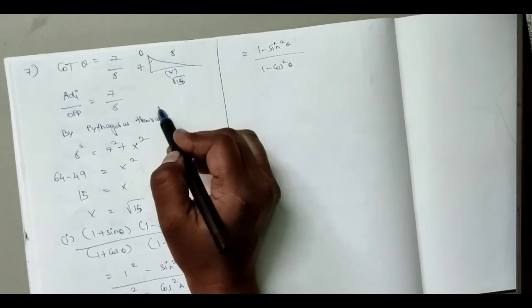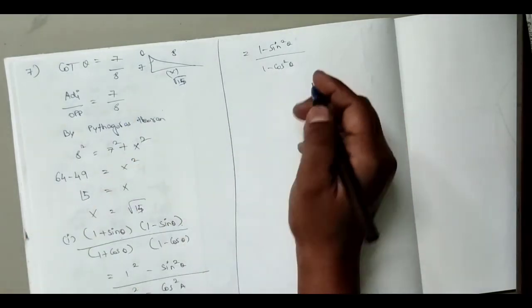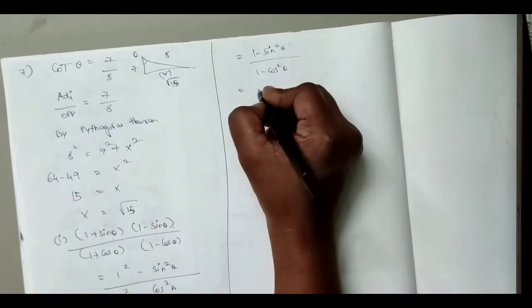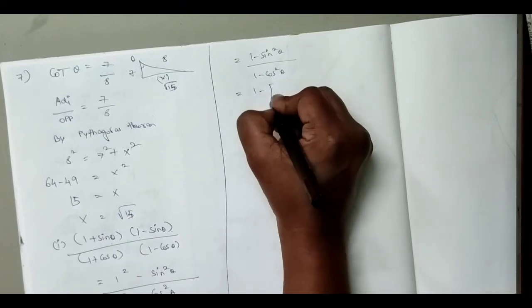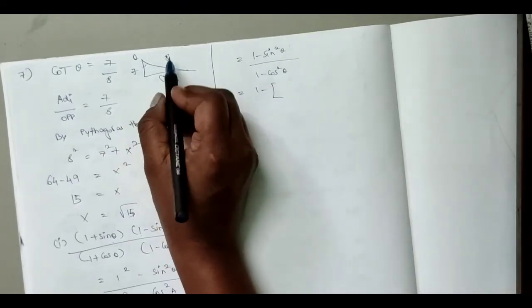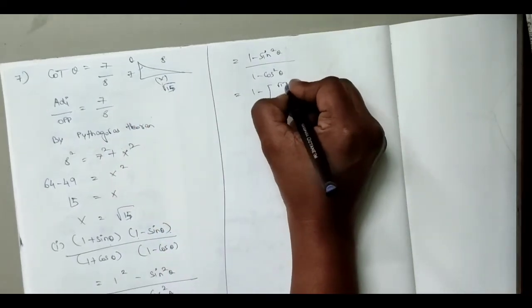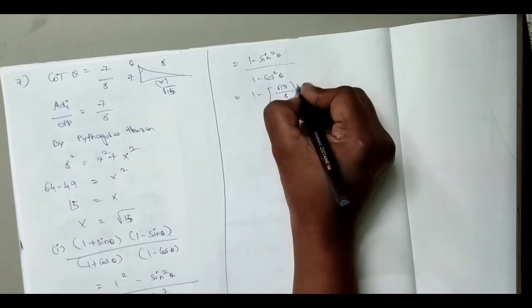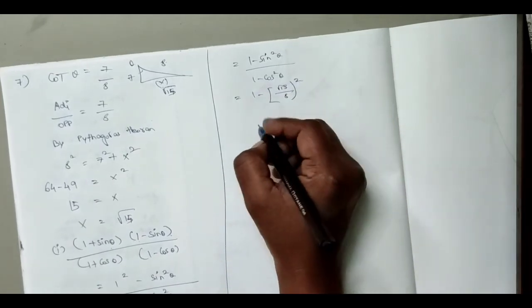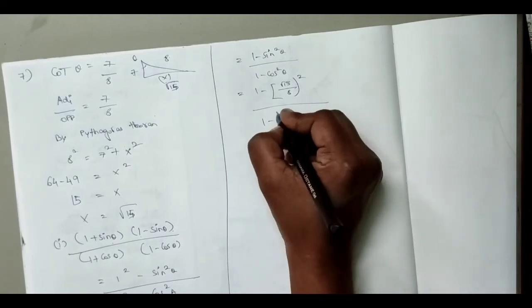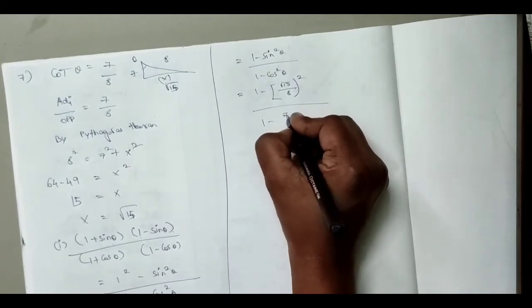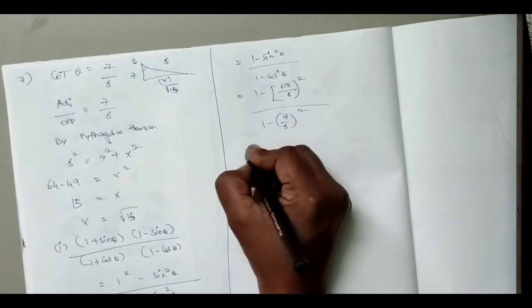Now we have all the three values and we are to evaluate this. We'll just substitute: 1 minus opposite by hypotenuse, which is root 15 divided by 8, squared, divided by 1 minus cos, which is 7 by 8, squared.